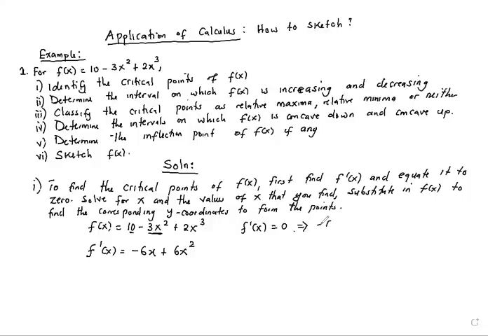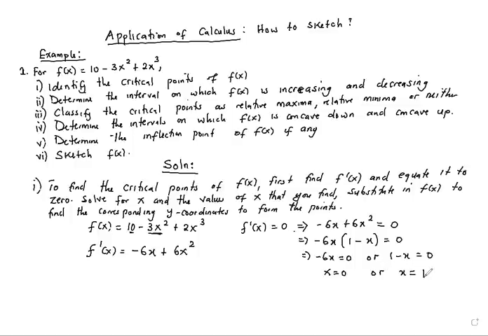Meaning I get negative 6x plus 6x squared equals 0. Here we can factor out negative 6x. We will remain with 1 minus x equated to 0. And then this means that negative 6x is 0 or 1 minus x is 0. So here x is 0 or x is equal to positive 1.